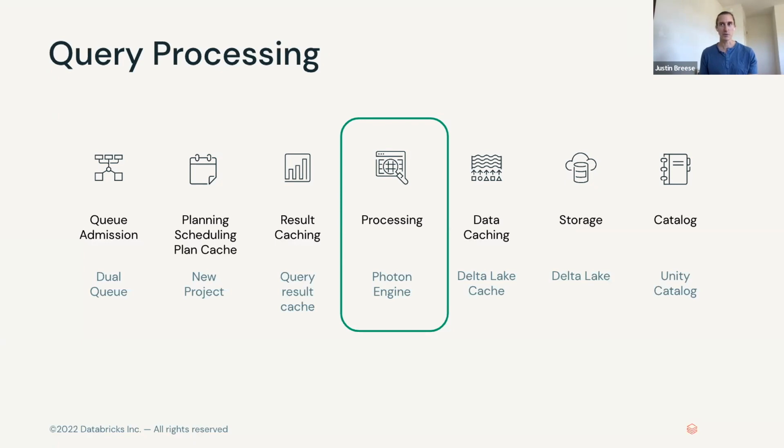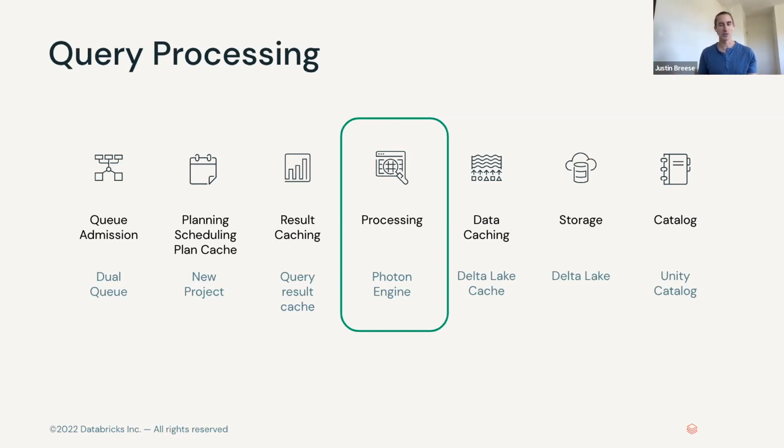Basically, when you submit a query, you have queue admission. In Databricks, we have a dual queue that looks for short versus long queries. If a long query takes an extra second, no one's going to know. But if you submit a short query and it takes 30 seconds, people know and feel it.